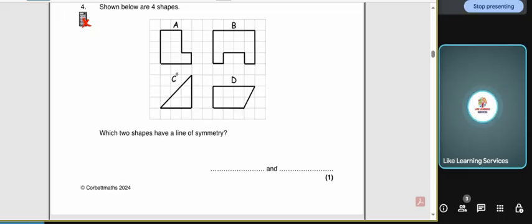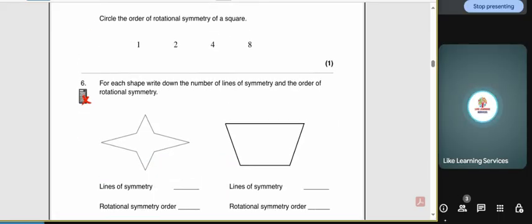Which two shapes have a line of symmetry? B. B that has this. B and what? Did you say C or D? C. Okay, B and C. All right. How will you draw the line of symmetry of C? This, right? Okay, that's the line.